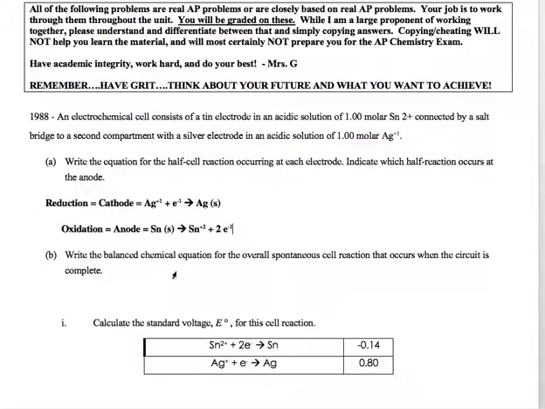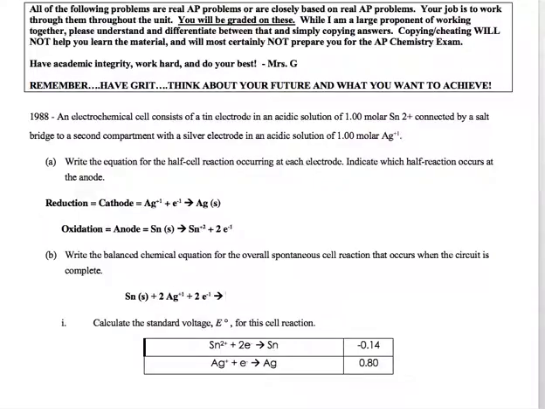Then for part B, they want you to say what the overall reaction is. So you're going to put these two together. Remember, with electrochemical redox reactions, the electrons have to match. We have 1 electron and 2 electrons, so the silver reaction has to be multiplied by 2. So we have Sn solid, and then 2 Ag+ plus 2 electrons on the left.